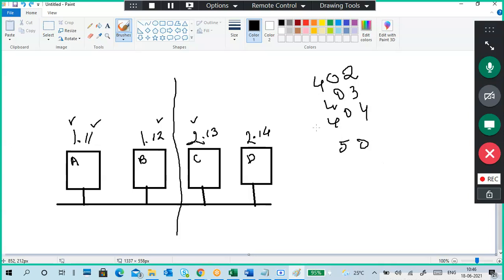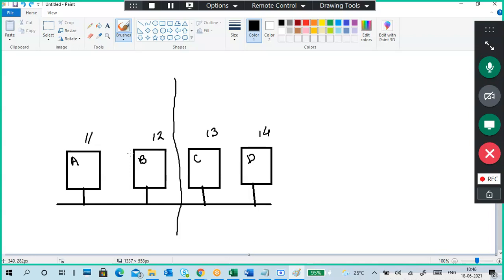Similarities between this and that: both are in a physically same network and they are identified with a numerical number. I gave a number. That's it. So this is host identification. Each one we are giving a host number.